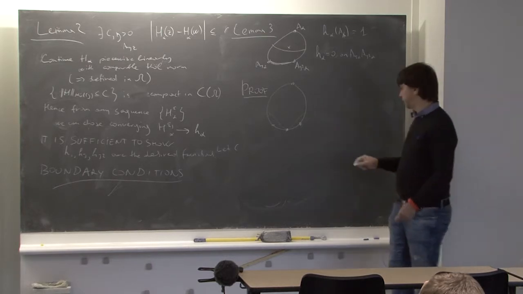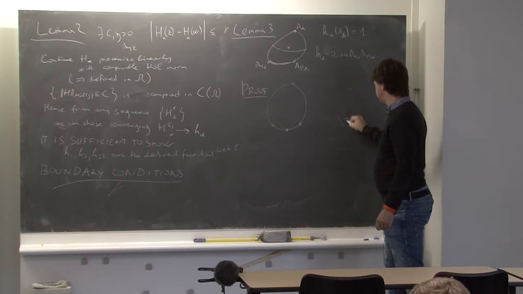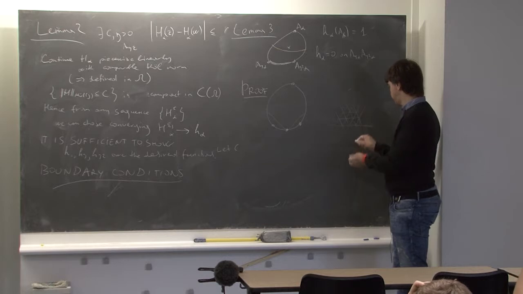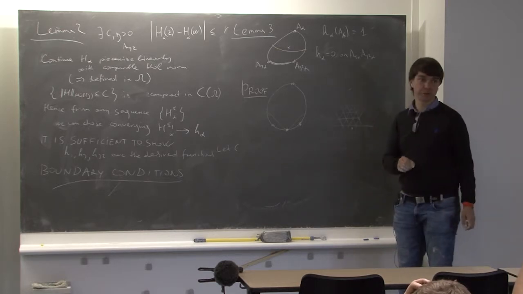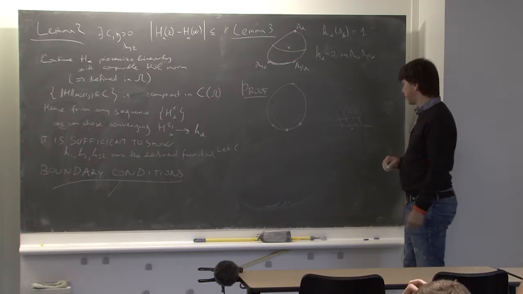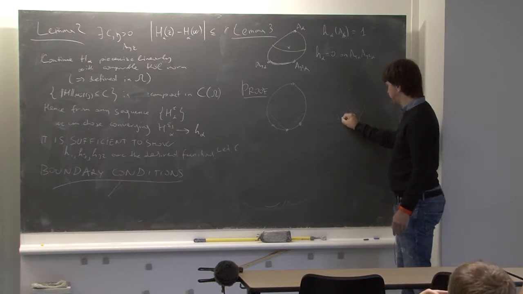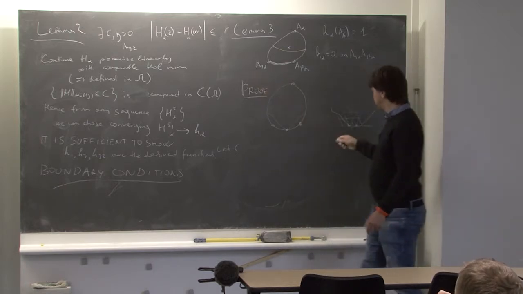If I choose a point half a step below, then I cannot separate it at all. If I choose a point a little bit above, then of course I can separate it, but then we get the same estimate as in lemma 2 by Hölder continuity.